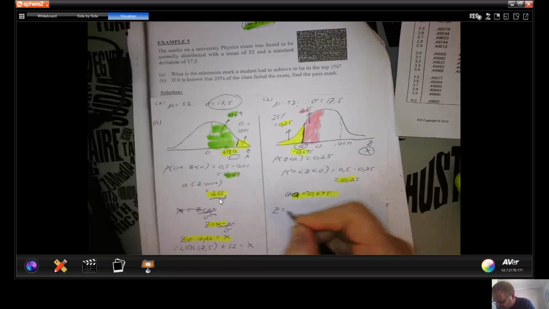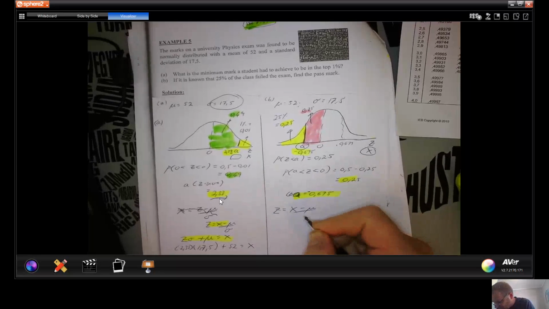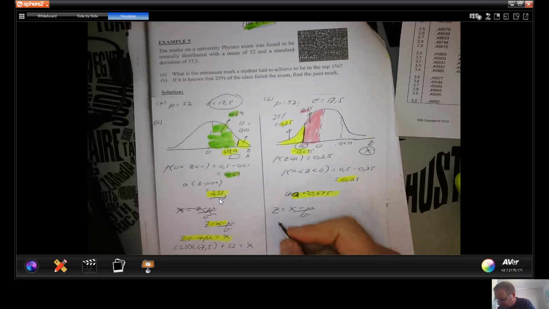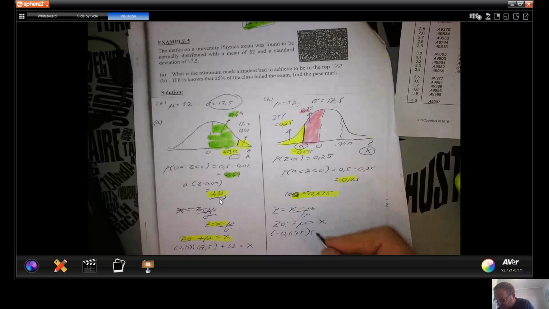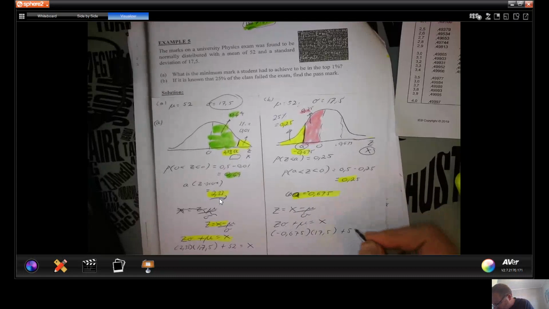And I know that Z is equal to X minus mu over sigma. If I manipulate, I get Z times sigma plus mu is equal to X. My Z score is negative 0.675. Sigma is 17.5. And the average was 52.